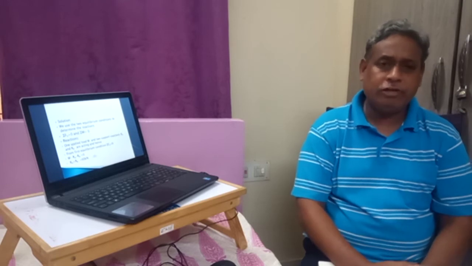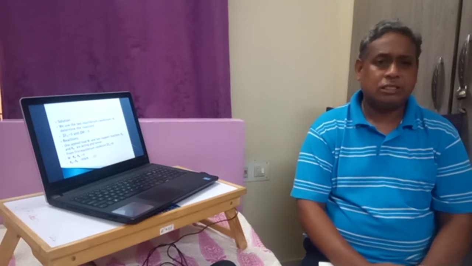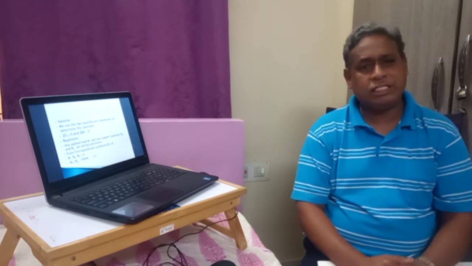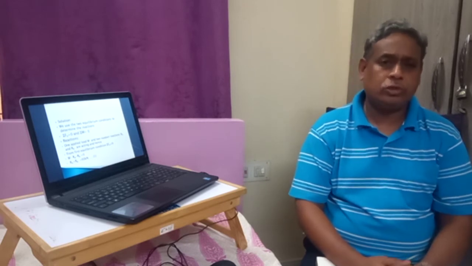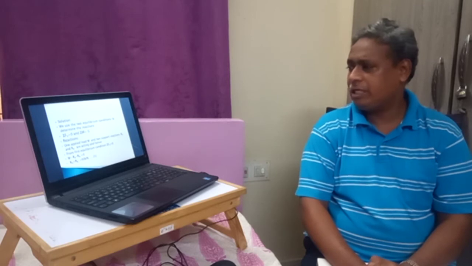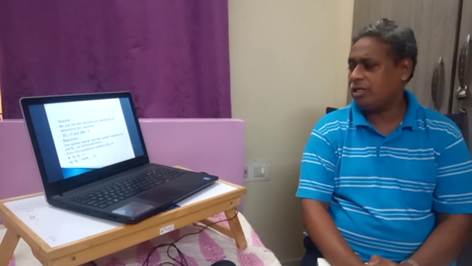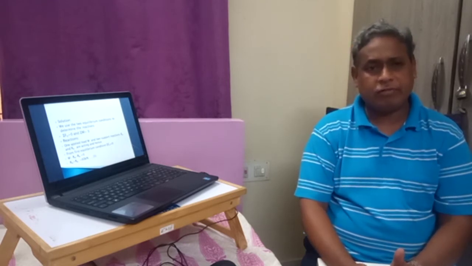For the solution, we have to take the help of two equilibrium conditions and solve the simultaneous equations, that is equation 1 and equation 2, to get the values of the unknown reactions RA and RB. Sigma Fy is equal to 0 and sigma M is equal to 0 are the two equilibrium conditions that we have at our disposal.